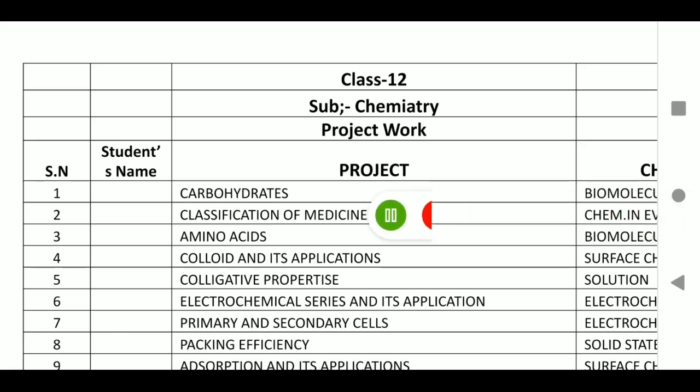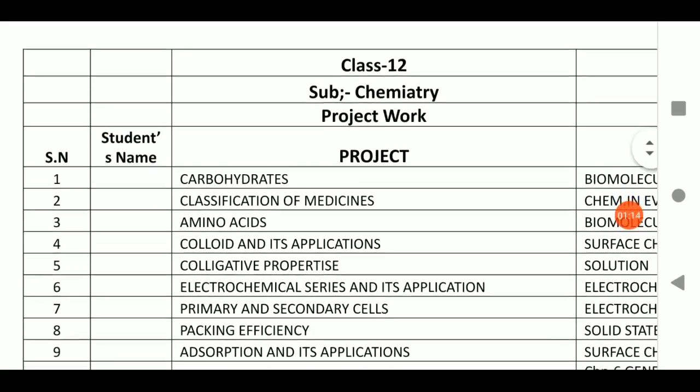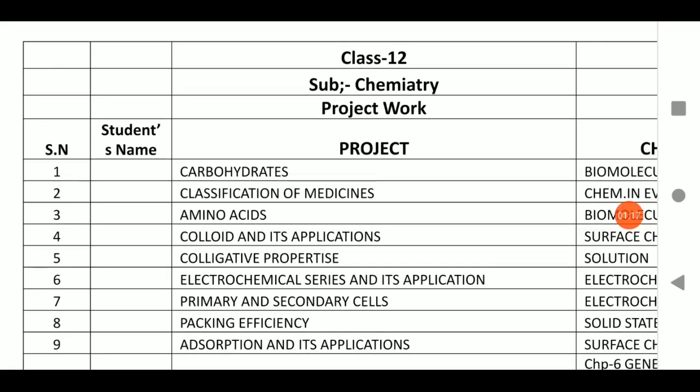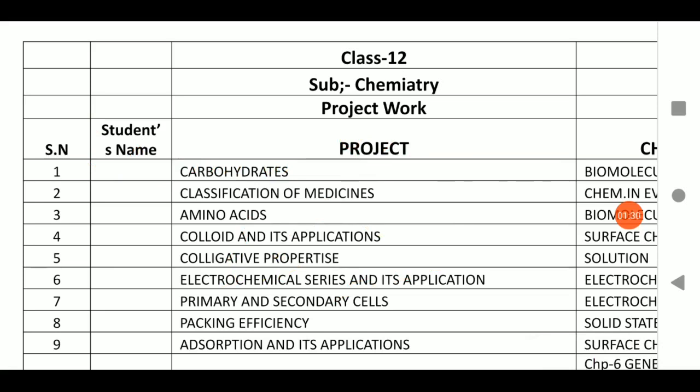Here, students, I didn't write your names, this is according to your roll number, and the roll number will be your 11th class roll number, because you didn't get your 12th class roll number yet. So again I am repeating, according to your previous year, that is 11th class, roll number, these projects are there.